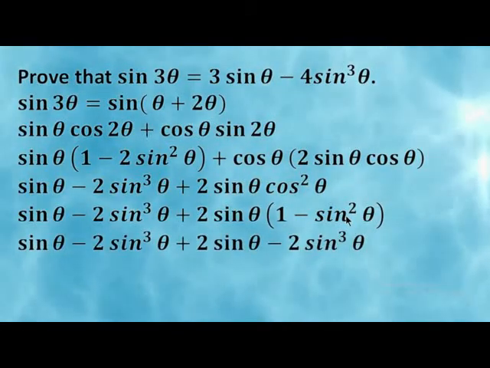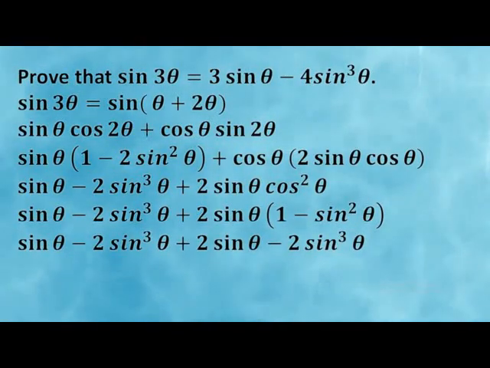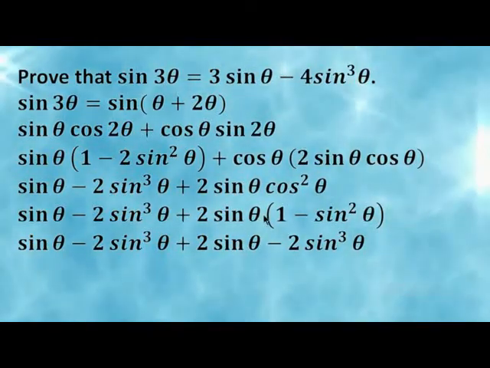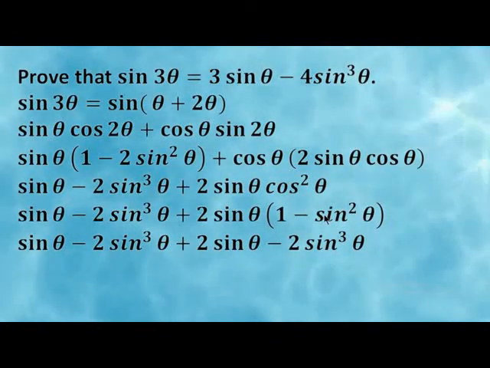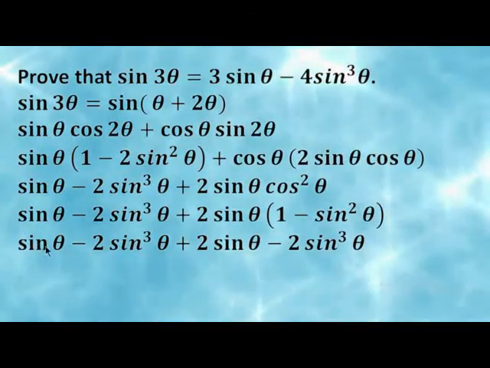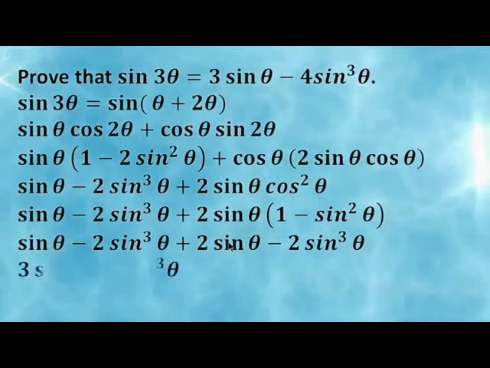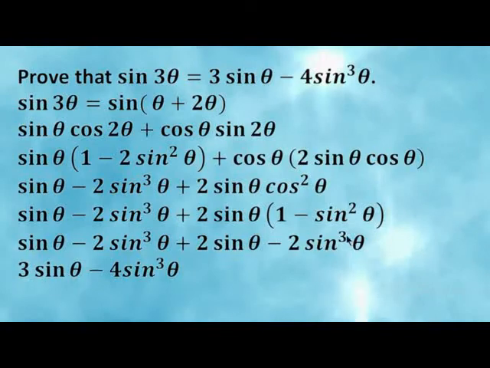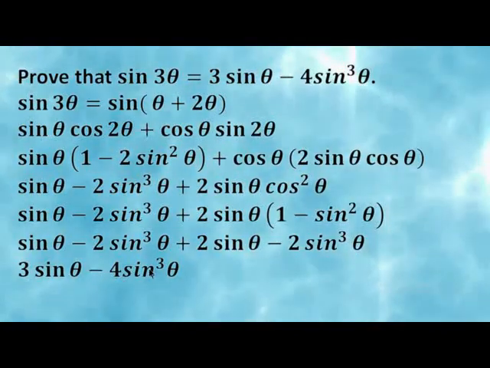So 2 sine theta multiplied with 1 equal to 2 sine theta, and 2 sine theta multiplied with minus sine square theta equal to minus 2 sine cube theta. So sine theta plus 2 sine theta equal to 3 sine theta, and negative 2 sine cube theta minus 2 sine cube theta equal to minus 4 sine cube theta.